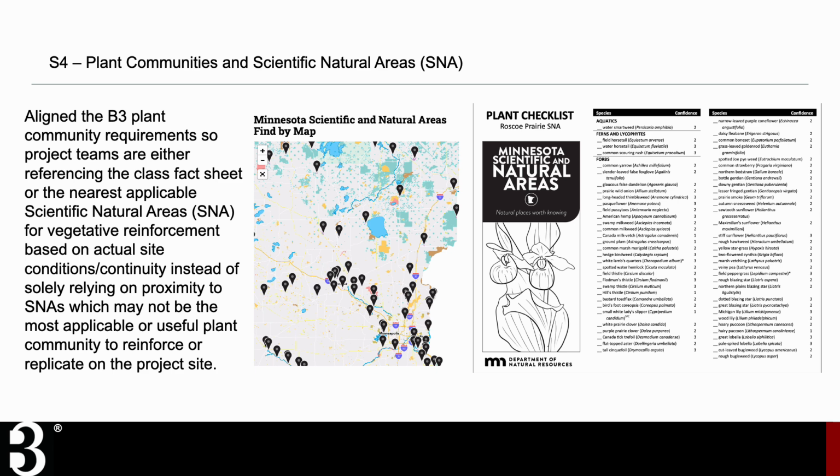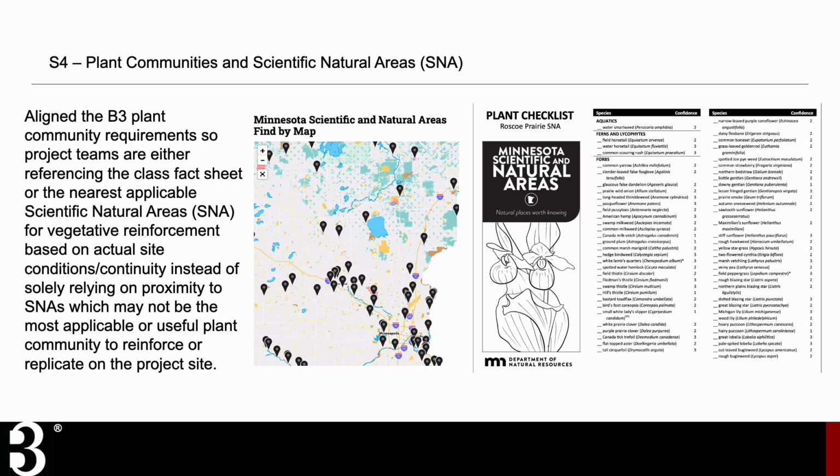So in addition to the class fact sheets that we saw on the last page, we're also allowing the use of scientific natural areas, or SNAs, which can be found on the DNR's website, but also, and maybe more importantly, within the DNR's Conservation Explorer tool.